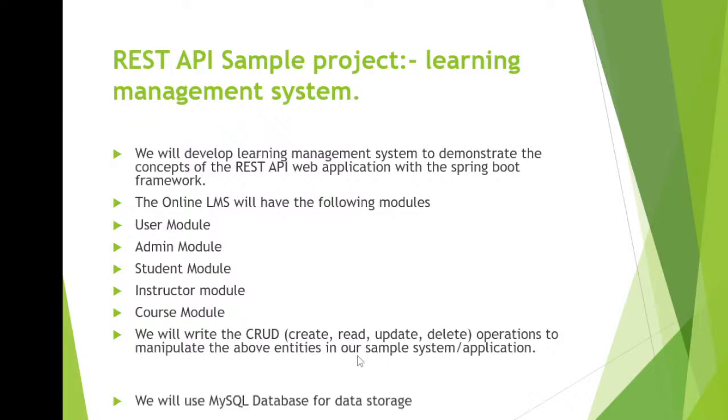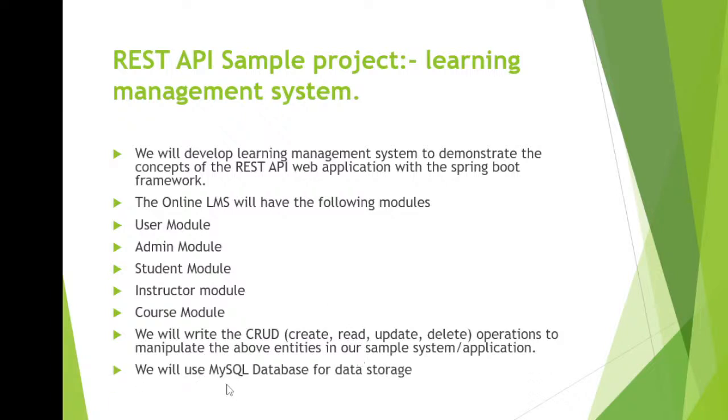We will also be using the MySQL database for our data storage, to store all the data related to the entities that we are going to have in our system. Then our Postman client, we are going to use it to test. We are going to provide the student data.